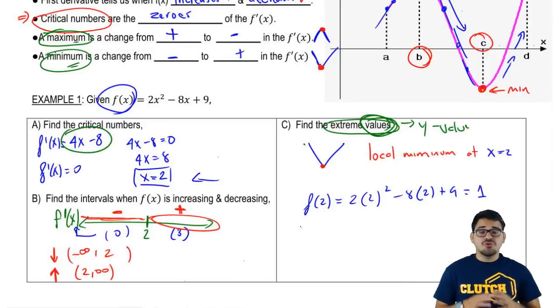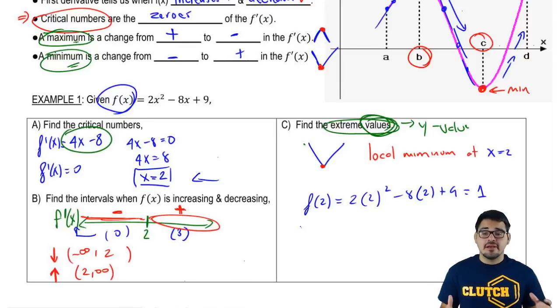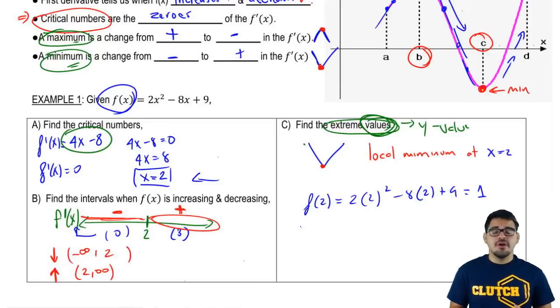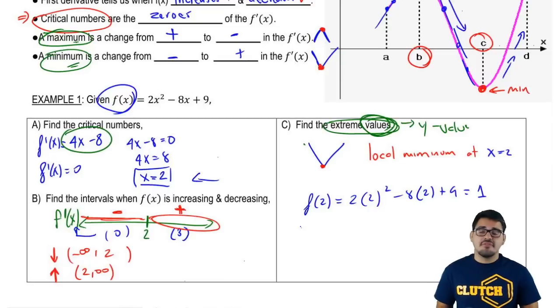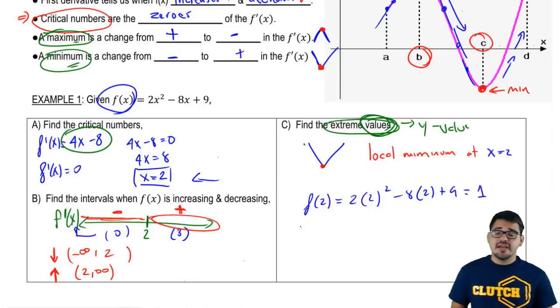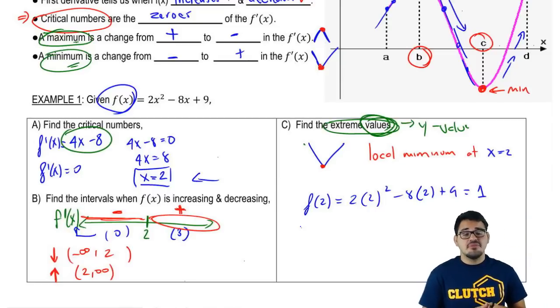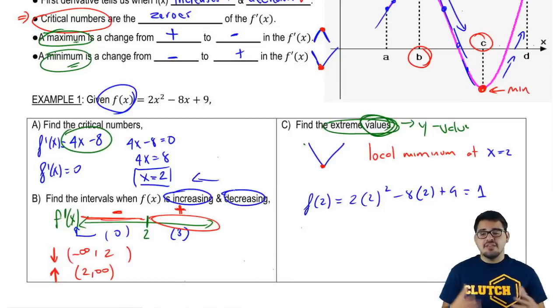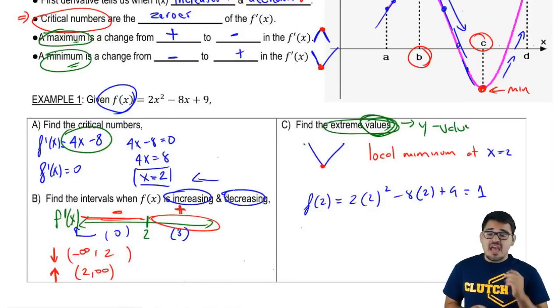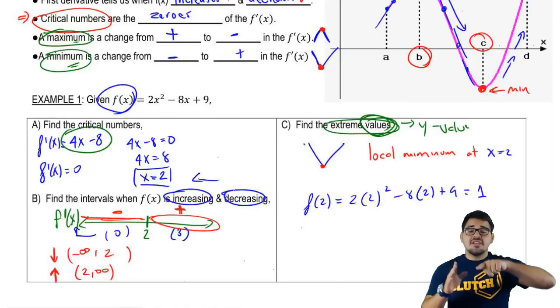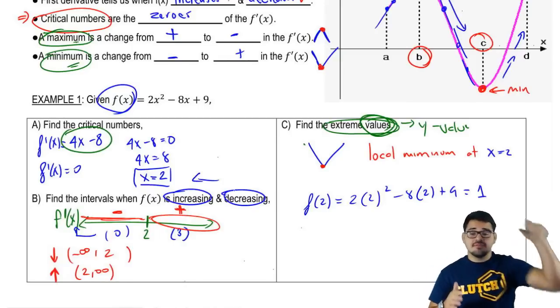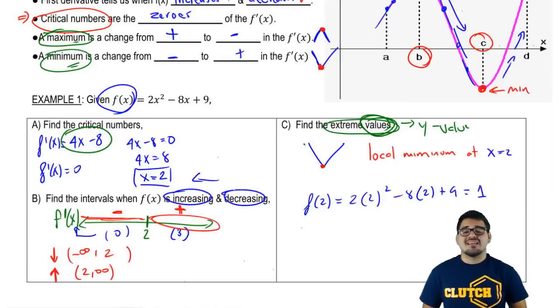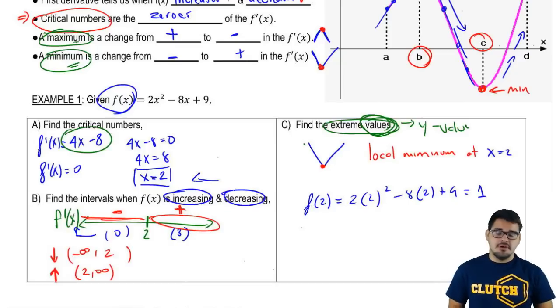After that, we draw a number line, and we pick numbers to check if the function is positive or negative in that interval. That tells us if the function is increasing or decreasing in those intervals, right? And then we look at changes from positive to negative or from negative to positive, which tell us where our maximums or minimums are, right?